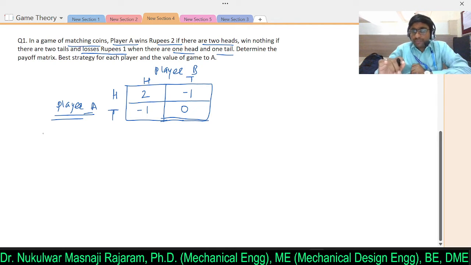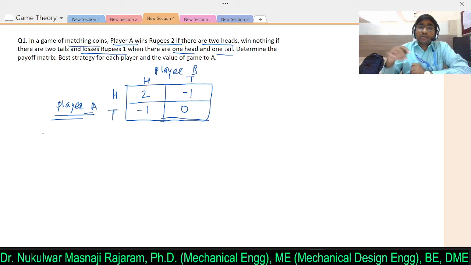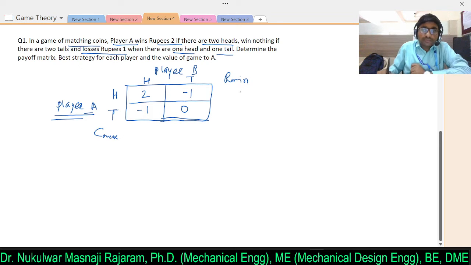So at that time, what we do is use the mixed strategy. Clear? So let's first check the saddle point. Row minimum is -1, 0. Column maximum is 2, and here the column maximum is 0.